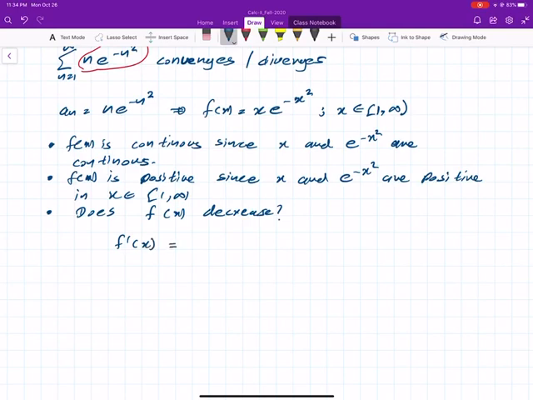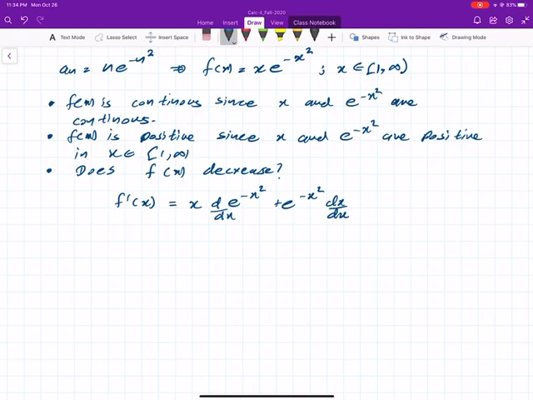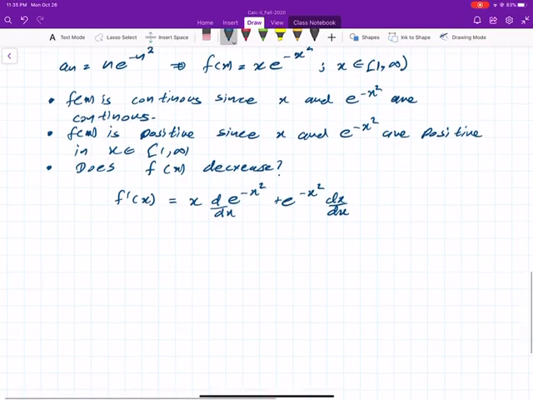Alright, so just compute the first derivative of f of x. Then it is x times the derivative of e to the power negative x square, plus e to the power negative x square times the derivative of x. This is the product rule for differentiation.